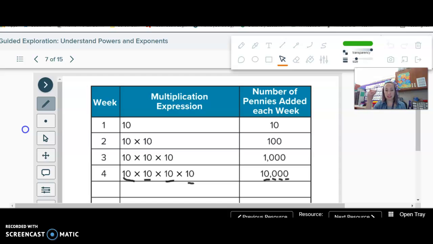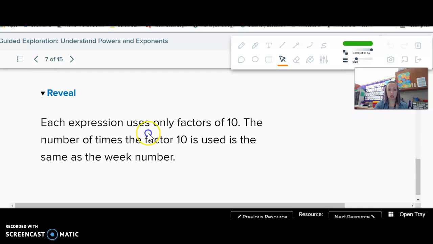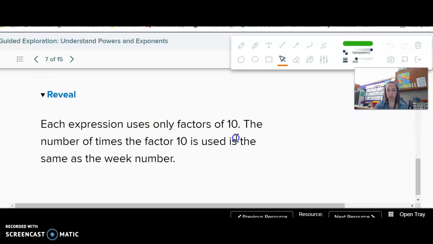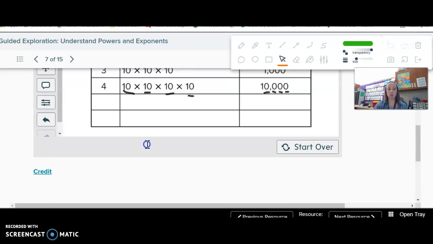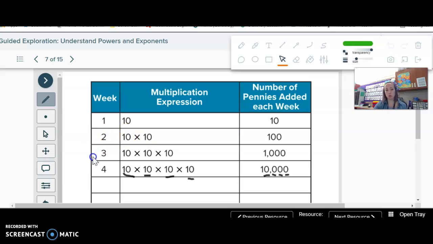So as long as it's tens, and only tens, the number I get when I multiply together is just a 1 with that many zeros. Yes, so only factors of 10. The number of times we use it is the same as the week number. So week 2, 2 tens. Week 3, 3 tens. Week 4, 4 tens. So do make sure you also add the week numbers in there.